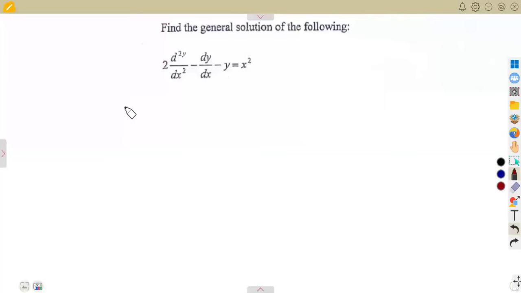So this question was to find the general solution. If you check here, we need the general solution of the following, which is given as 2 times the second derivative of y with respect to x minus dy/dx minus y is equal to x squared. Okay.